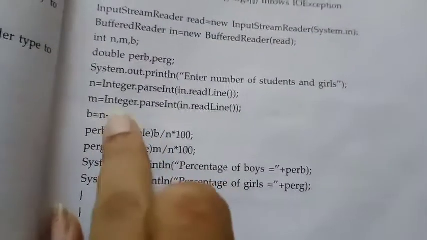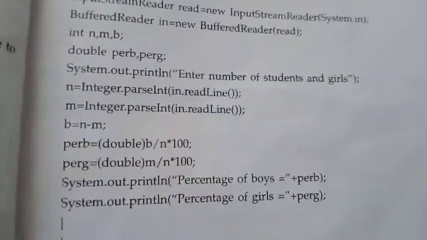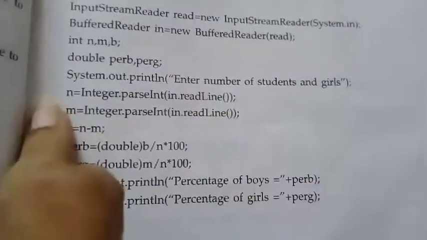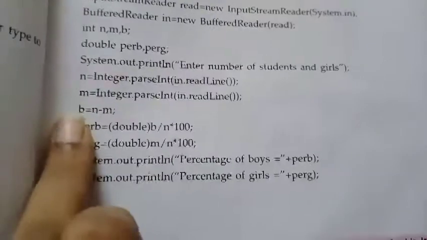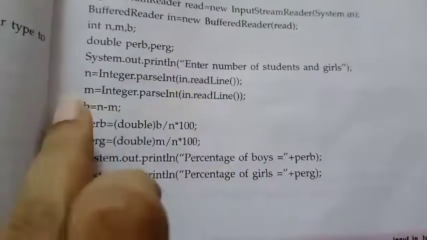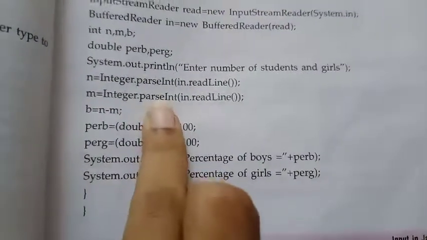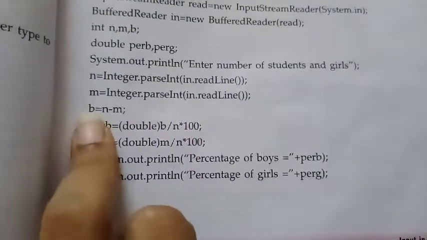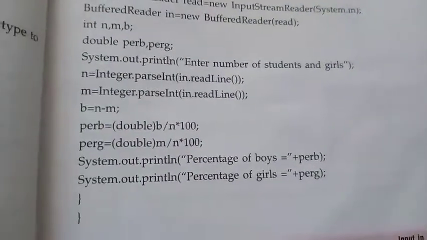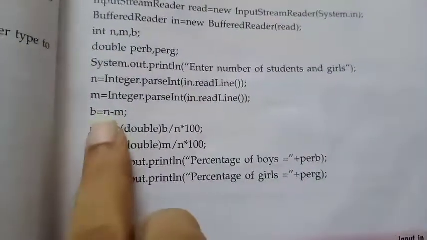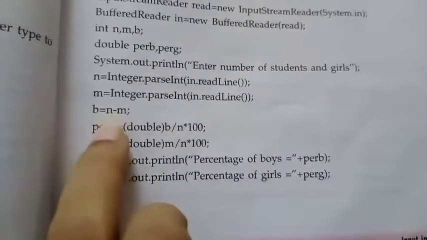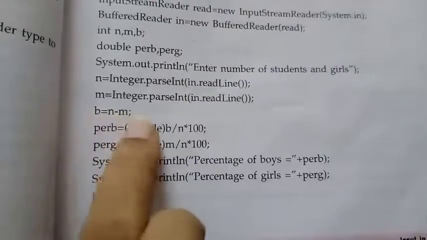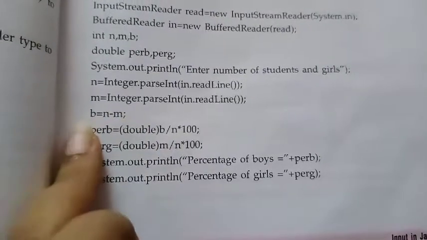Similarly, the same thing we are using. Whatever the user has entered, that input will be saved in n and m. So now we have the total number of students and the total number of girls in the class. Now we need the number of boys, then only we can find the percentage of girls and boys. Total number of students minus girls will give you the number of boys.